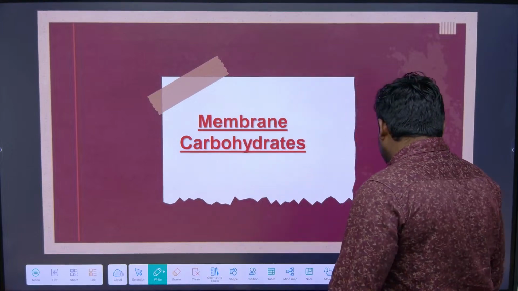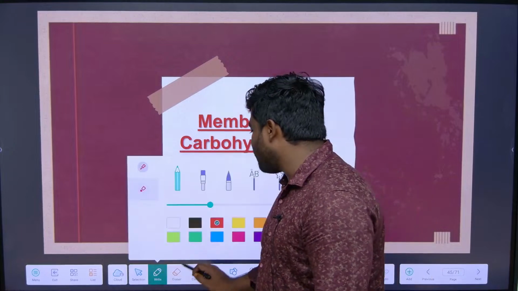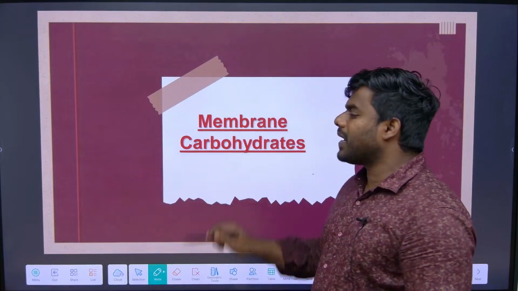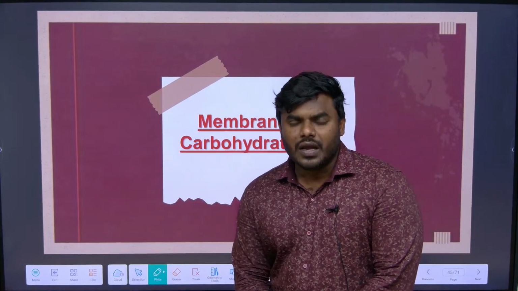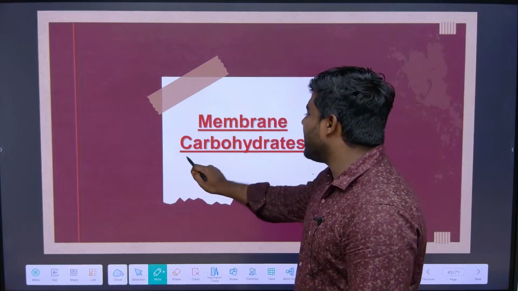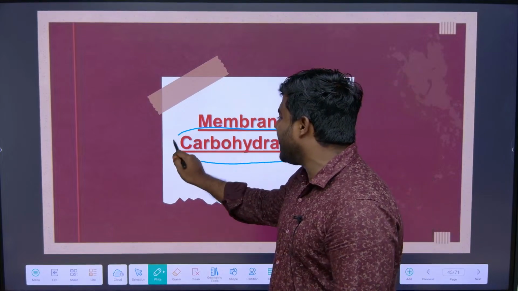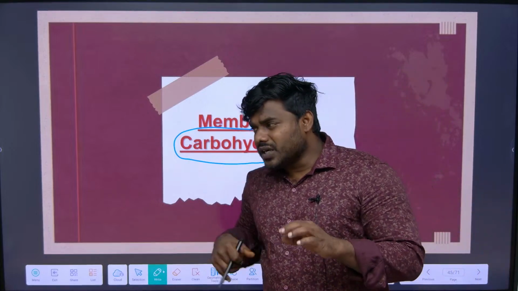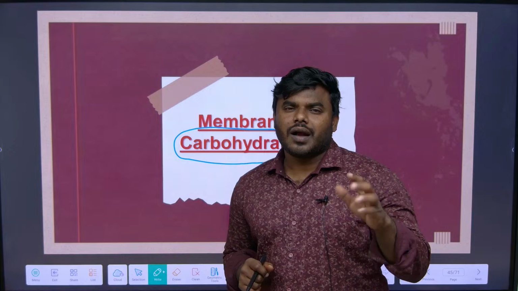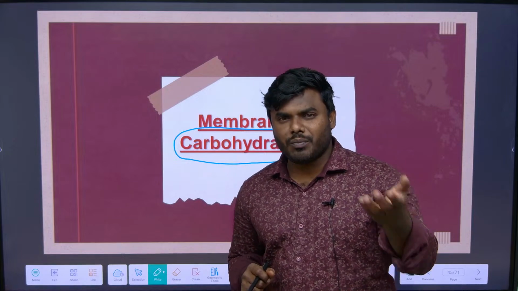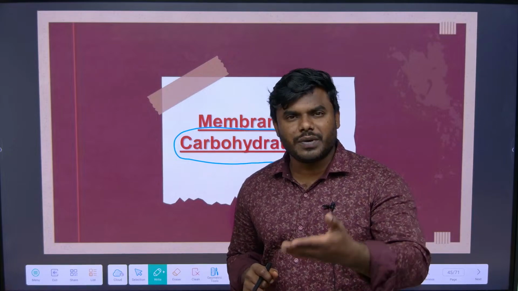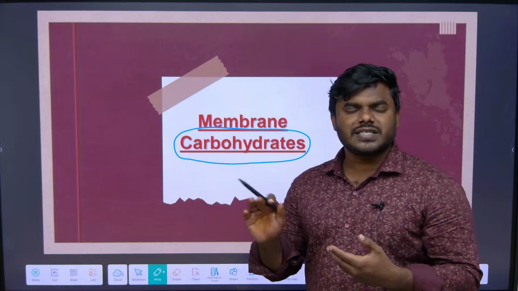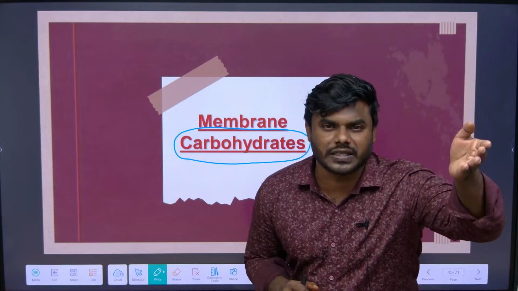Now apart from the lipids and proteins, what else does the plasma membrane contain? The plasma membrane majorly contains carbohydrates apart from the lipids and proteins. Do not think that carbohydrates are present in the highest percentage.